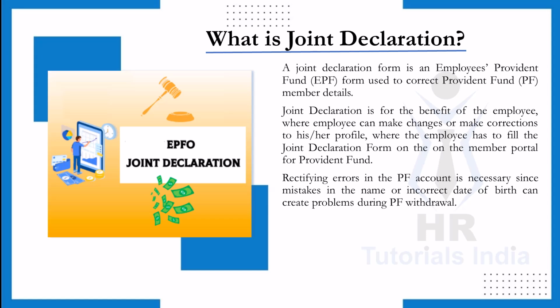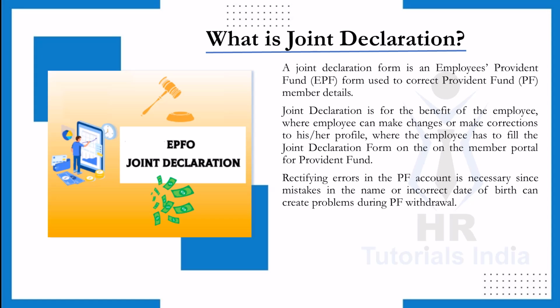So dear friends, the joint declaration form is a benefit given by the EPF department to make corrections in the employee's profile, where employees can make changes in their profile through joint declaration for easing the withdrawal of PF, because if the date of birth or name is mismatched with the Aadhaar or the bank details, the withdrawal of PF will not be possible.